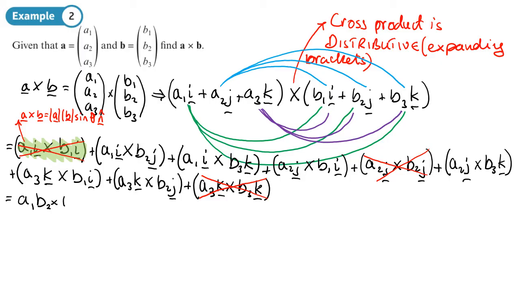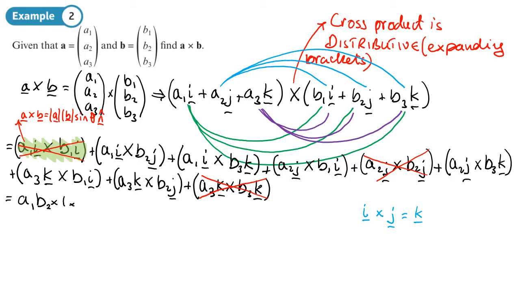Then times by a vector which is perpendicular to i and j, but it needs to be in the right direction. Now here's a way you can remember what these vectors are. So I'll just do i cross j is equal to k.